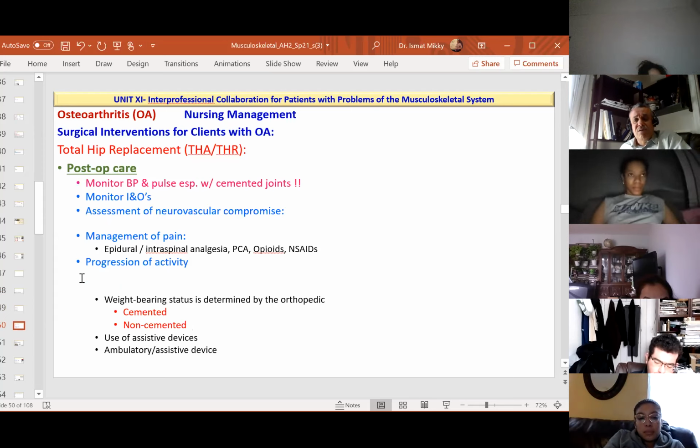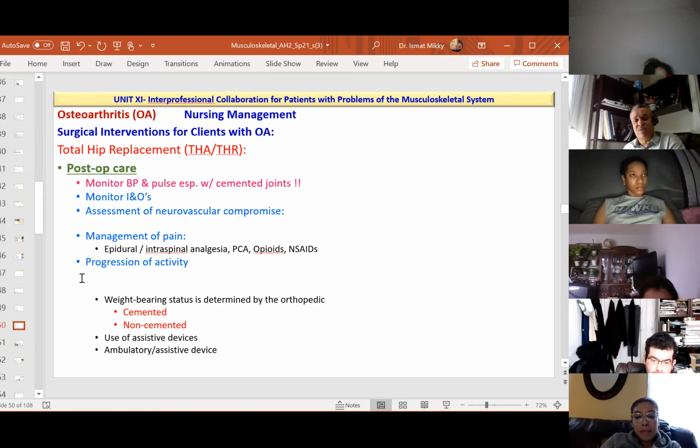Assessment of neurovascular compromise would include the assessment of the patient's CMS: color, motion, sensation, and peripheral pulses. And we compare the operative leg, or the affected leg, with the non-affected one. Can you say that again? Yeah, we do the neurovascular assessment.